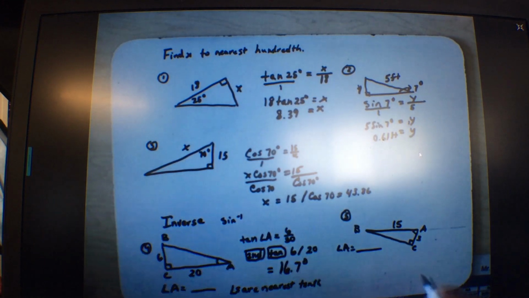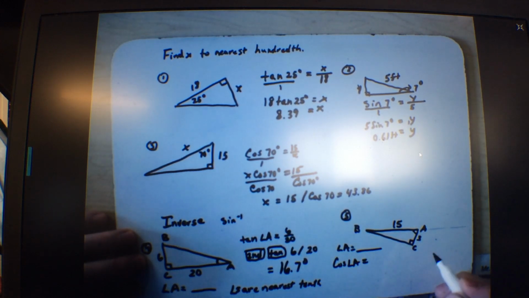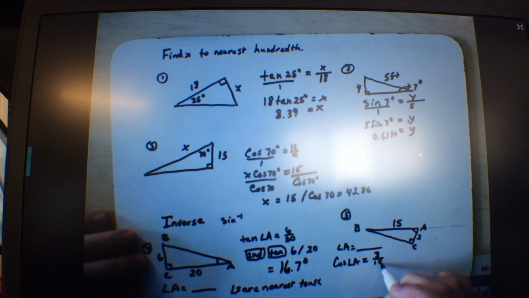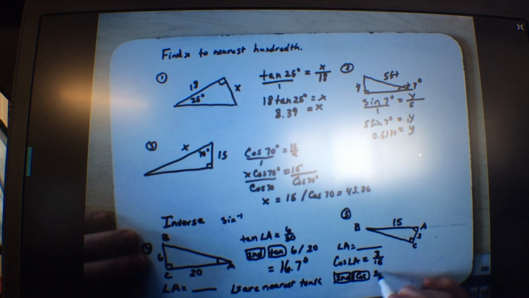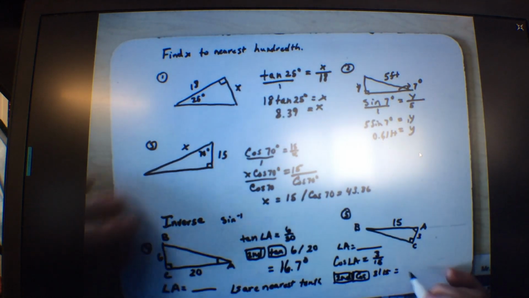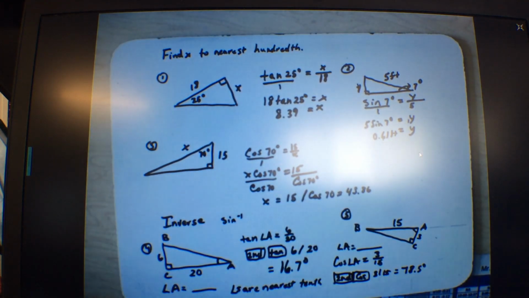Which trig function? Cosine. So cosine of angle A equals what? 3 over 15. So I'm going to hit second, always second, cosine 3 divided by 15 to the nearest tenth. What do I get? 78.5 degrees. Connor, do you understand that?